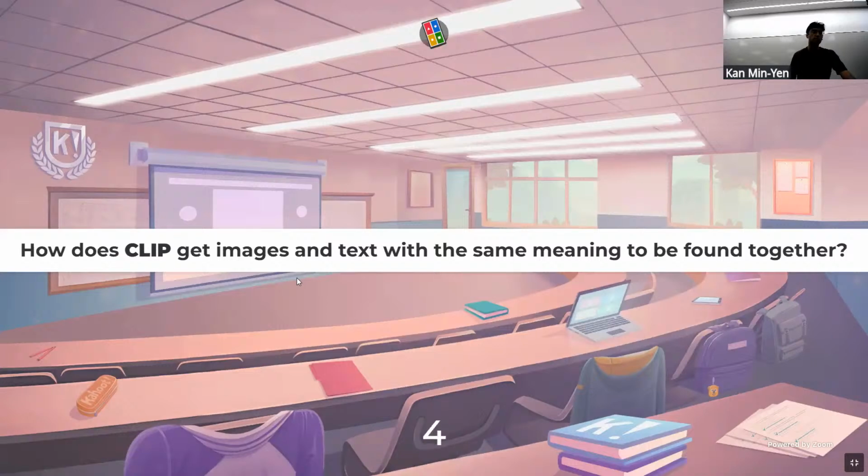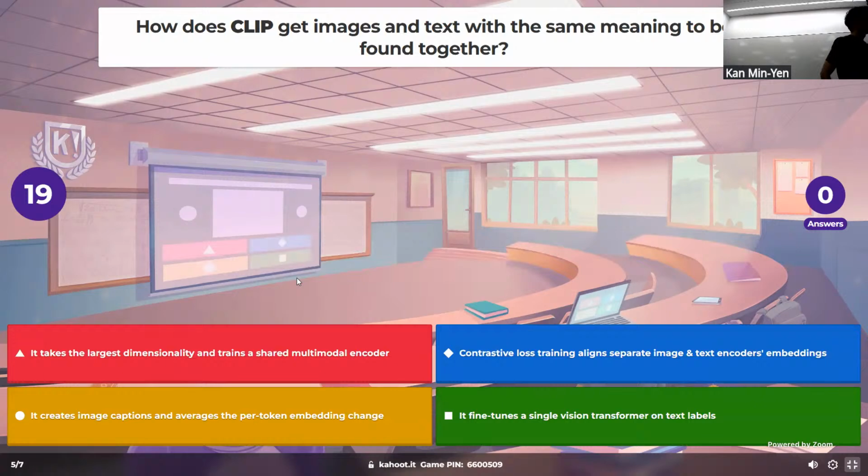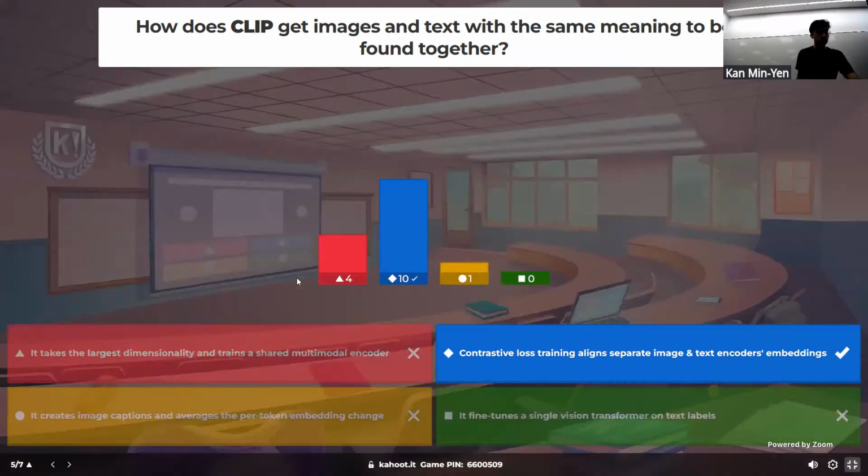Okay, so the next one is about CLIP. So how do you get them bound together? I guess this was not very difficult.